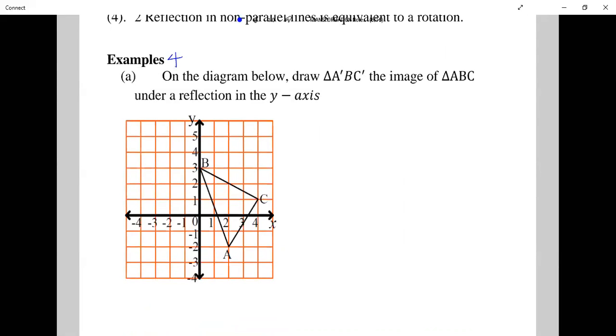Example 4a says, on the diagram below, draw triangle A prime B C prime, the image of triangle ABC on the reflection in the y-axis. So the y-axis here is my mirror line. All right. Now, how do I do a reflection?